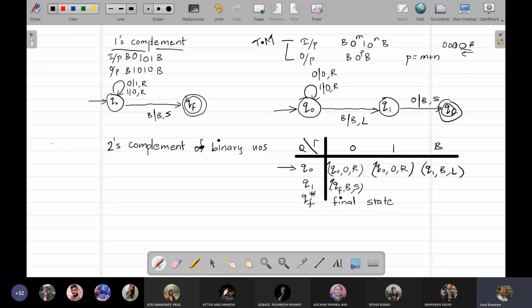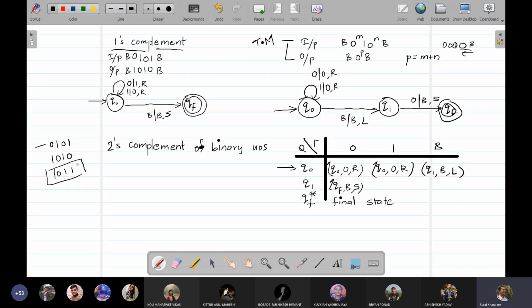So the same number we'll take, 0, 1, 0, 1, which we have used for one's complement. 1, 0, 1, 0 is one's complement of this particular number. What is two's complement for it? 1, 0, 1, 1. So this is two's complement for the given input.